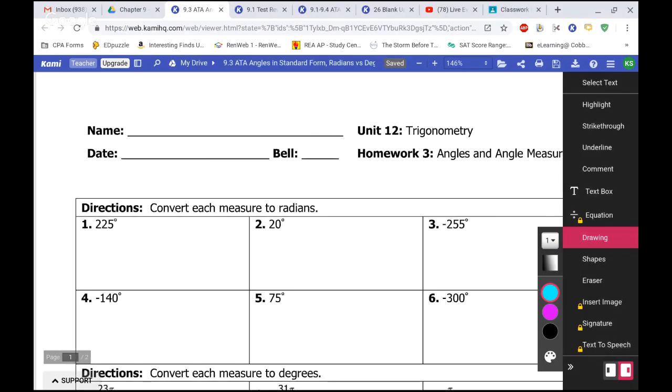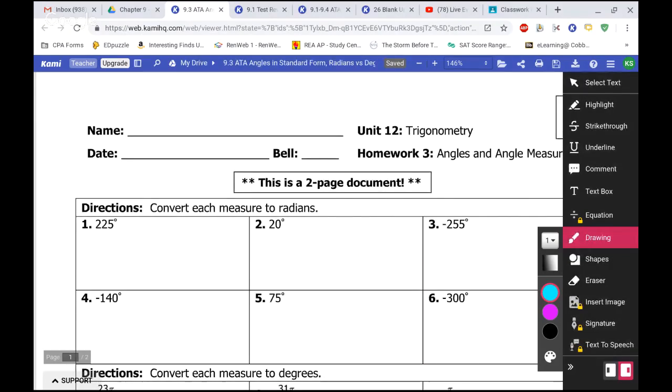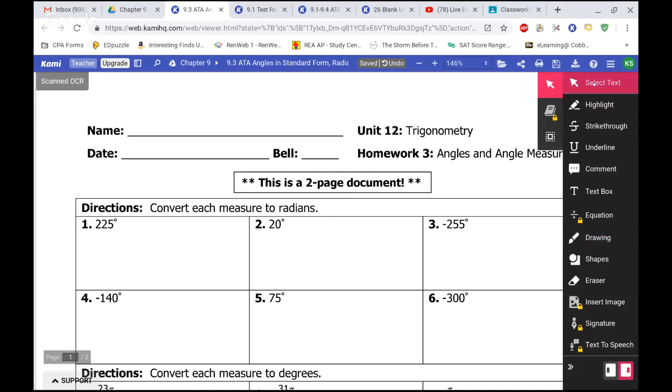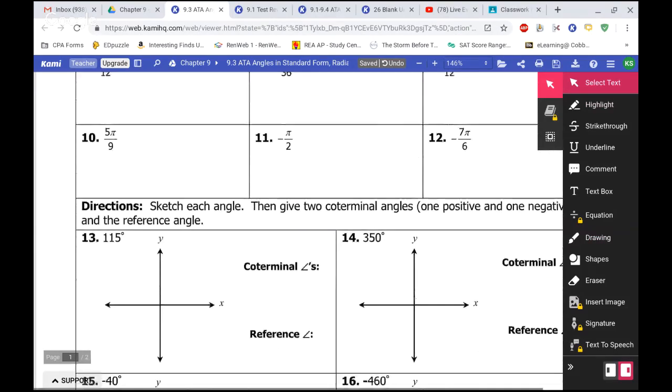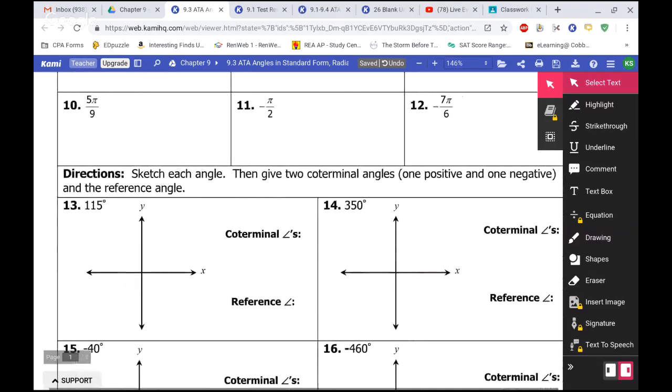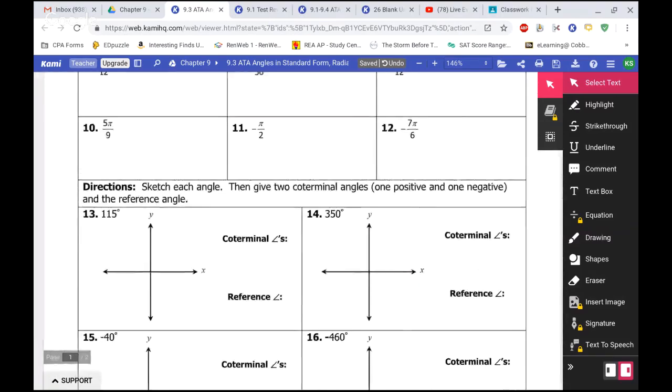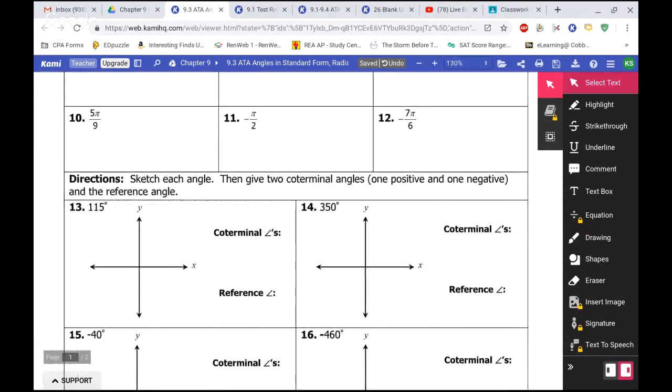Okay. All right, so you want me to start with 13, kind of, sort of, is what we're saying.